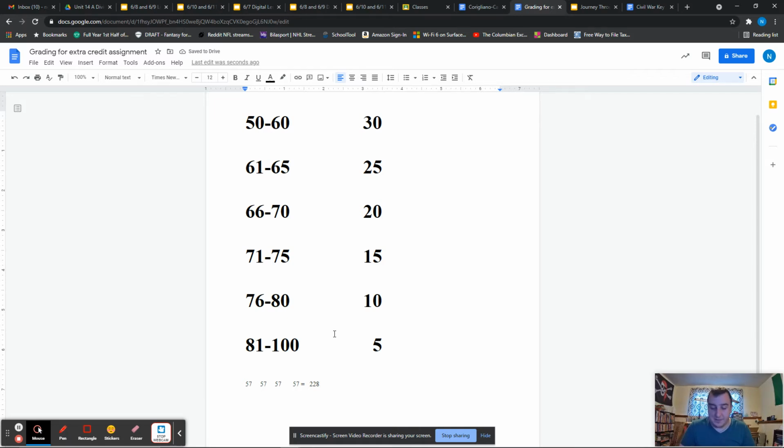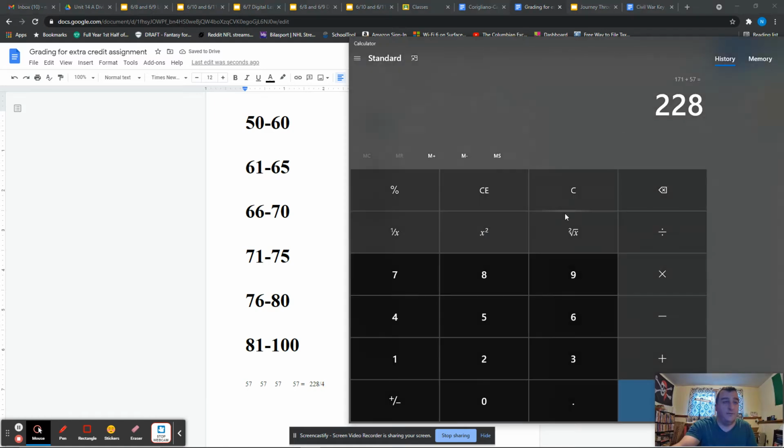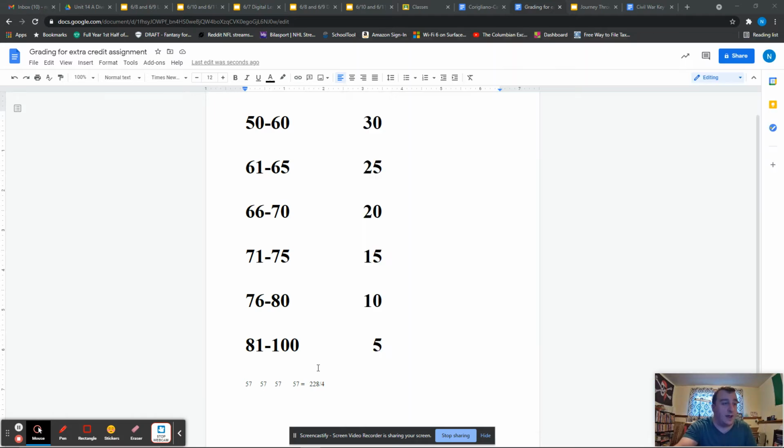To figure out your average for this course, you have to divide those 228 points by 4. That means you have a 57 overall average.